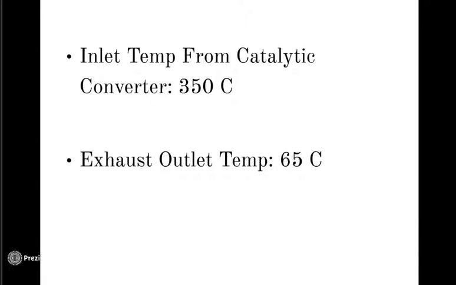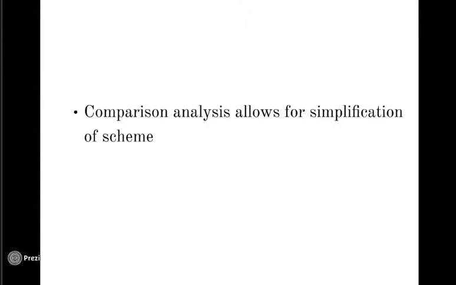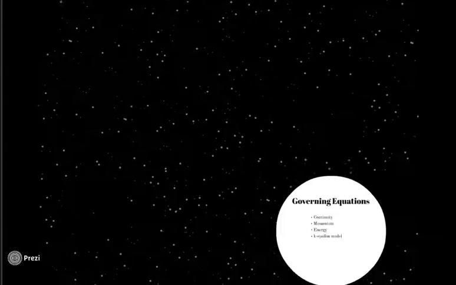I assumed that directly off the cat, the temperature would be about 350 C, and from the exhaust port, about 65 C. I also assumed the fluid to be 100% air, which we know is not necessarily true, but it is a pretty good approximation. And most importantly, because I was just doing a comparison analysis between the two systems, it allowed me to make some of these simplifying assumptions, because I'm really just looking for the differences between the two systems.